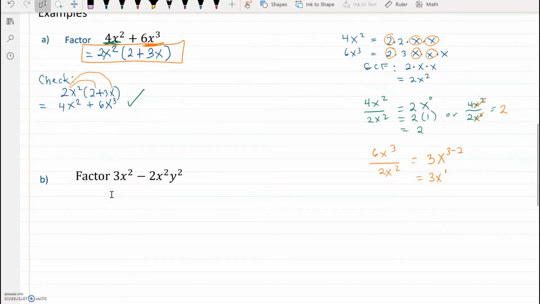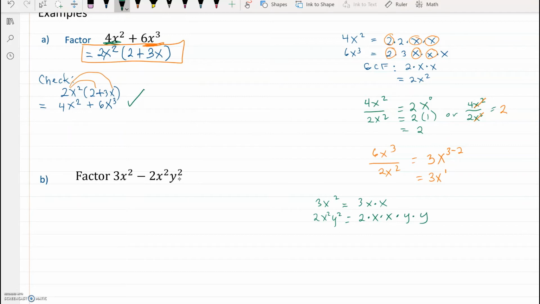Example letter B. Let's factor 3x squared minus 2x squared y squared. So we will begin with getting the greatest common factor. 3x squared, that is 3 times x times x, and then 2x squared y squared, that is 2 times x times x times y times y.